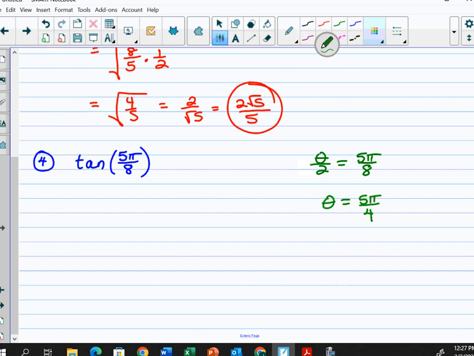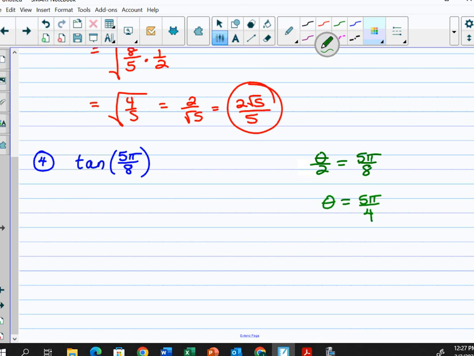Now, what is the difference? You know this is pi, right? Is it also 8 pi over 8? Okay. Pi over 2 is 4 pi over 8.